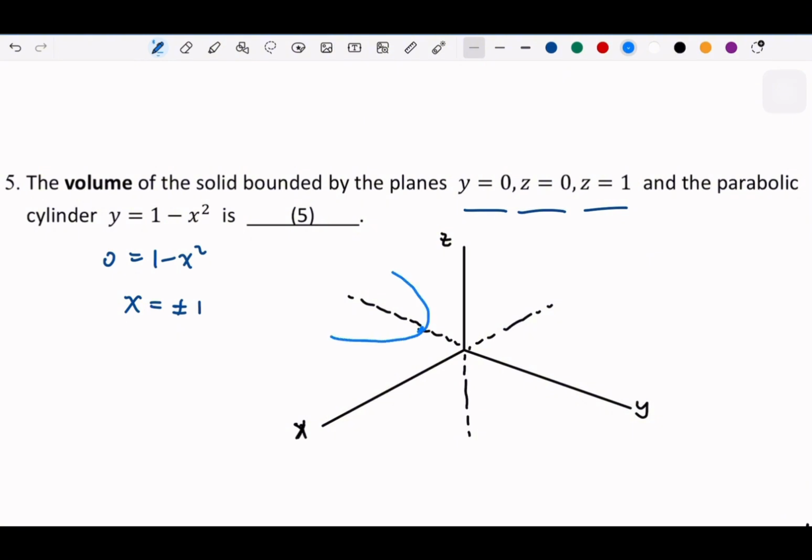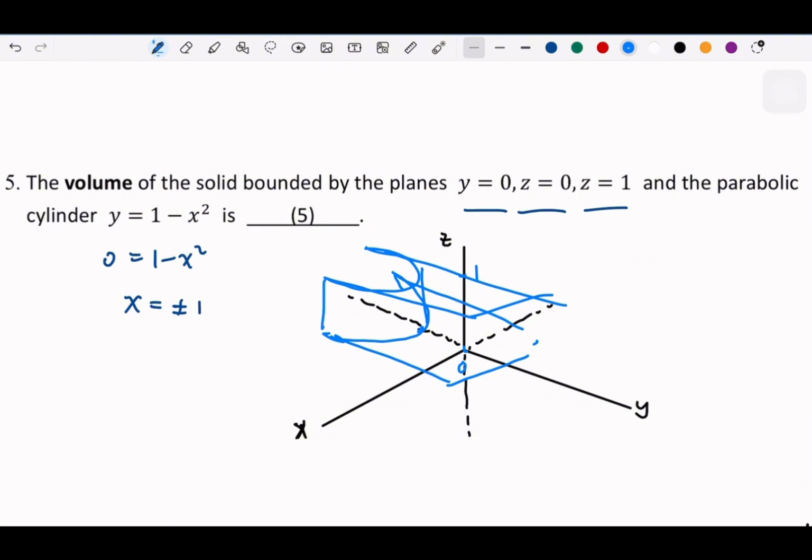And then y equals 0, from here there is a plane, and this is 0 and 1 perhaps. So let's say this is the plane, and then we have another plane over there. I hope you see this one here, this parabolic cylinder.